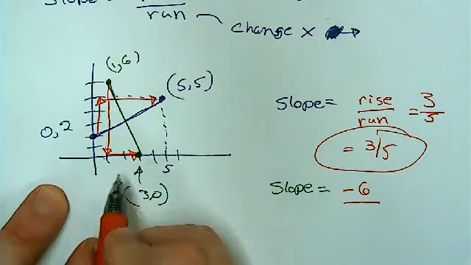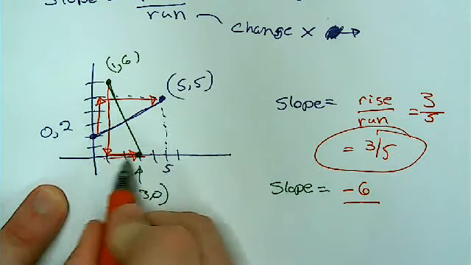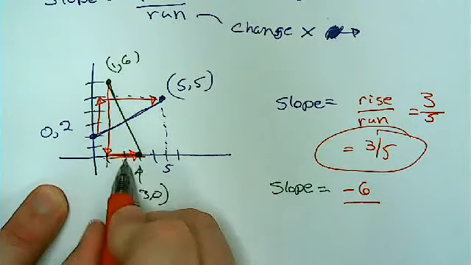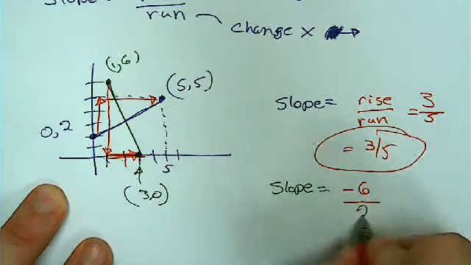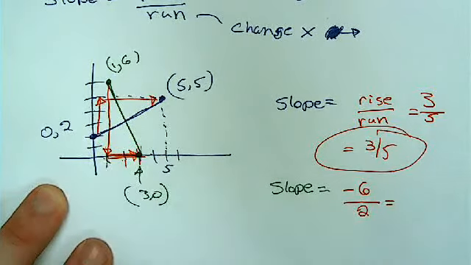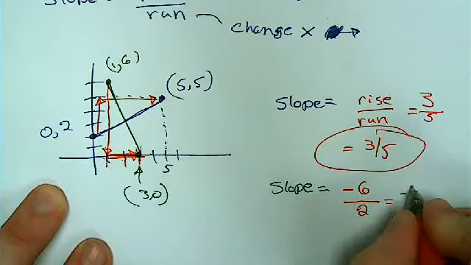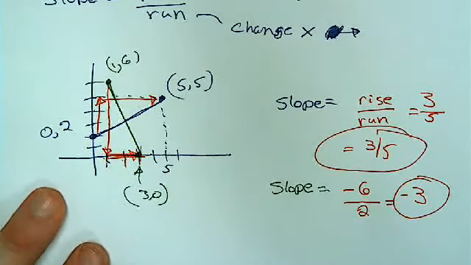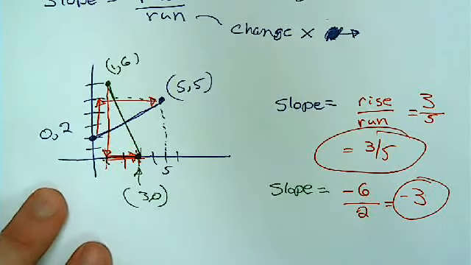How far do I run? 2. 1, here's 1, here's 2. 2 units. Just this segment right here. That's 2 units long. So that gives me a -3 as the slope of the green line. Doesn't come through real green on the projector.